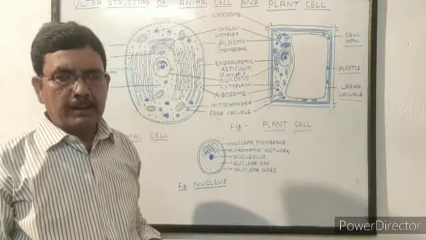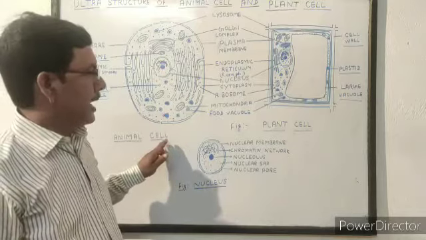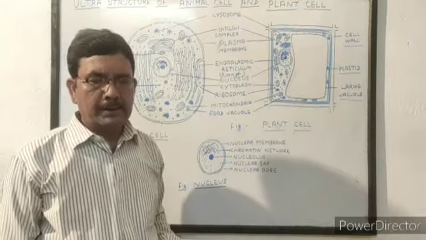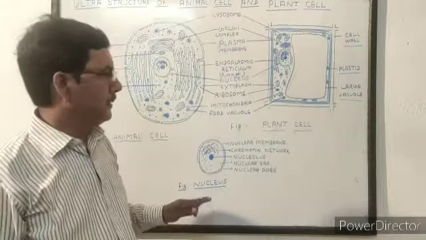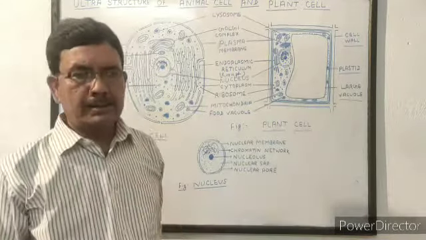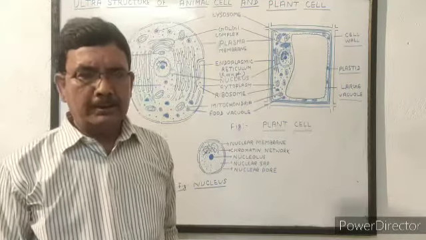All the living structures present in cytoplasm are called cell organelles, and all the non-living structures present in cytoplasm are called cell inclusions. So there are 6 cell organelles in both plant cell and animal cell.